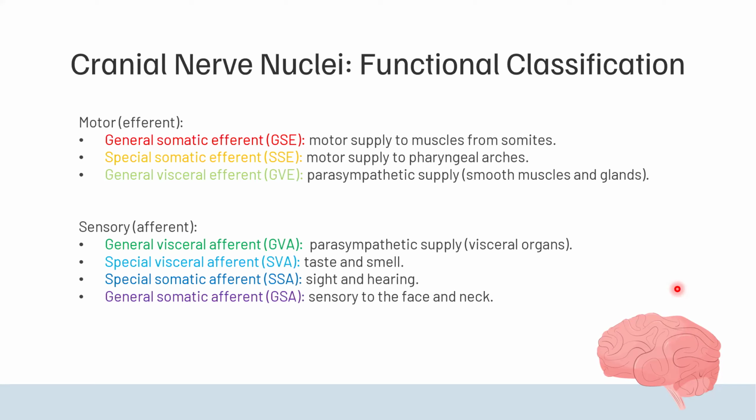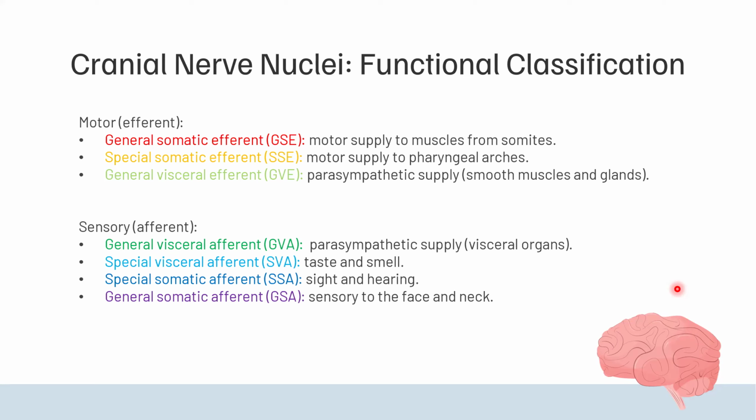Okay? However, as we move up to the brainstem, we begin to also see that we no longer only have those somatic muscles, we no longer only have those somatic portions with it, right? We also have things that are coming from the pharyngeal arches. Those are going to give rise to special somatic efferent and special somatic afferent for the sensory.